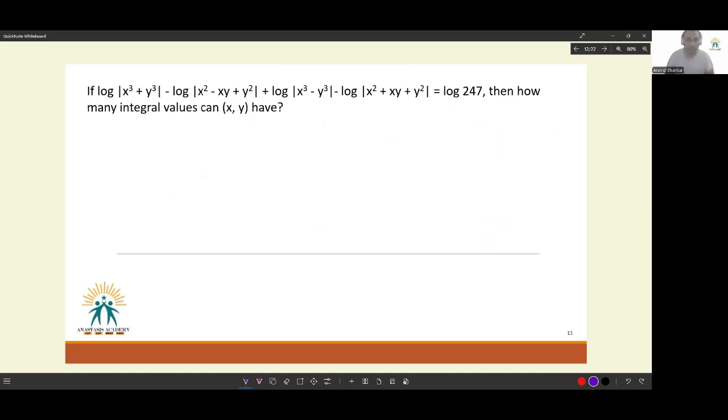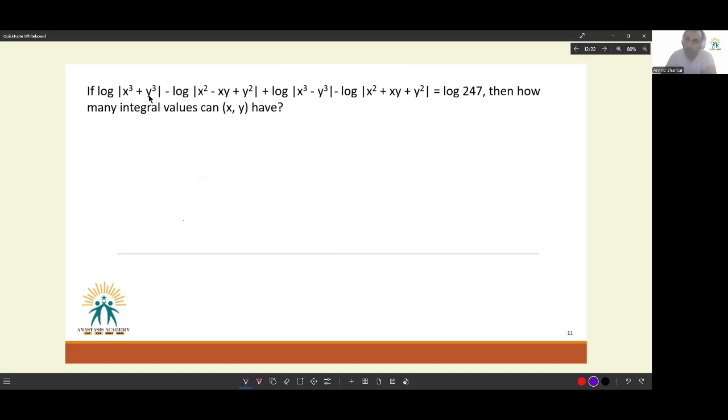Okay. This is interesting, extremely interesting. Let's see. Log of x cube plus y cube minus log of x square minus xy plus y square plus log of x cube minus y cube minus log of x square plus xy plus y square is equal to log 247. How many integral values can xy have?